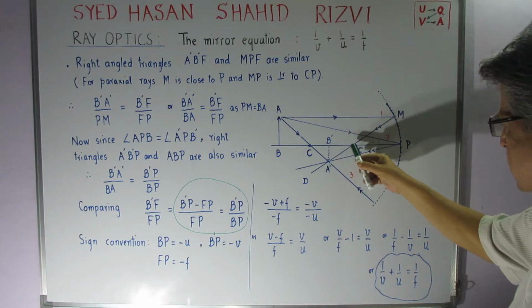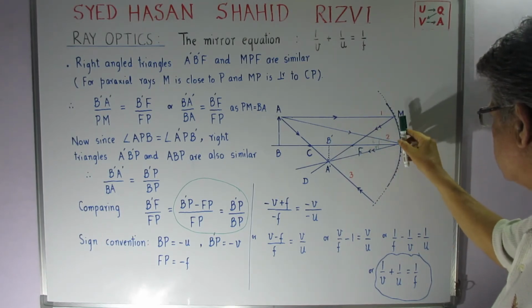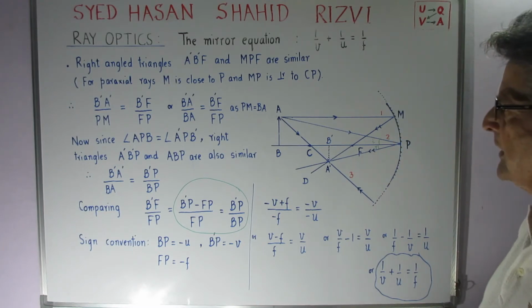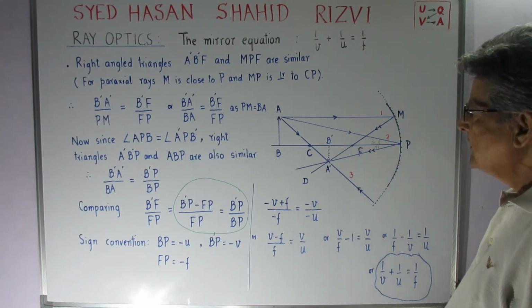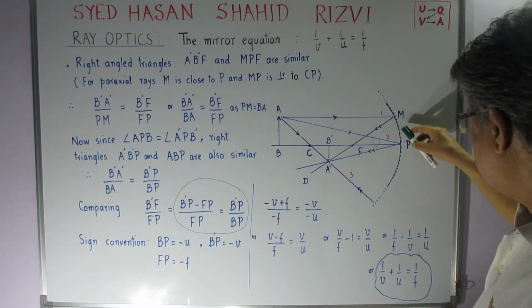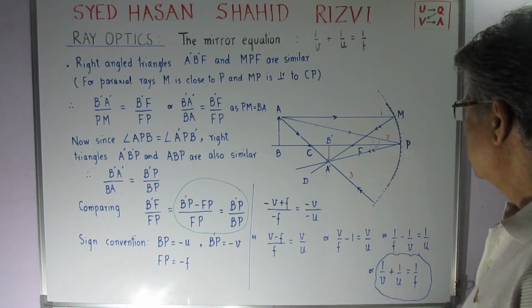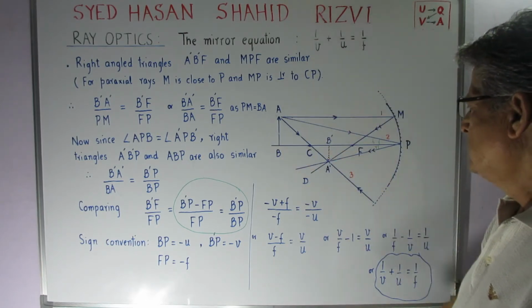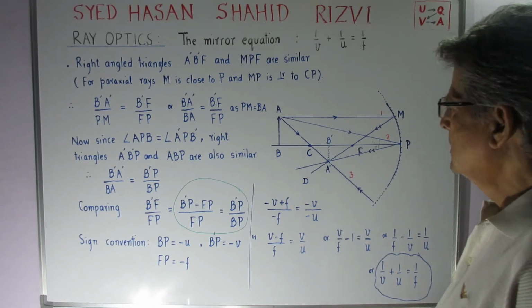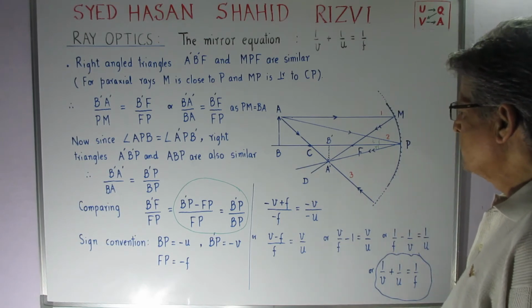Now you can see that A dash B dash F and FPM are right angle triangles and they are similar, particularly when M is very close to P and MP is almost perpendicular to the CP, which is the principal axis.